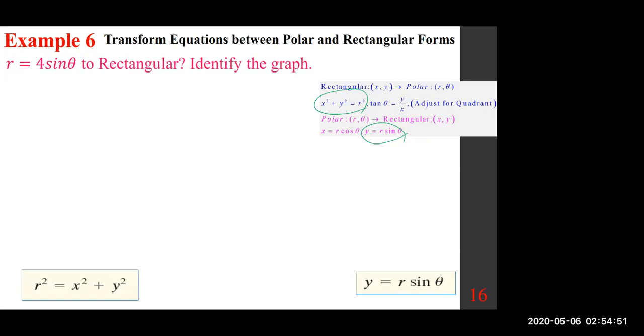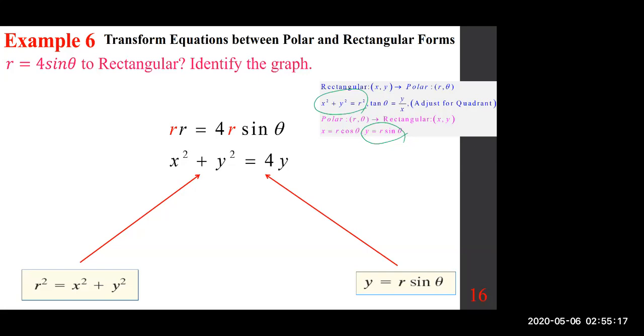So if we multiply by r, this is the trick, class. It comes with practice. We are done in no time. If we multiply by r, the left side is r squared, which is x squared plus y squared. The right side is 4 r sine theta, which is 4y. And you're practically done. We just recognize the type by putting it in standard form.